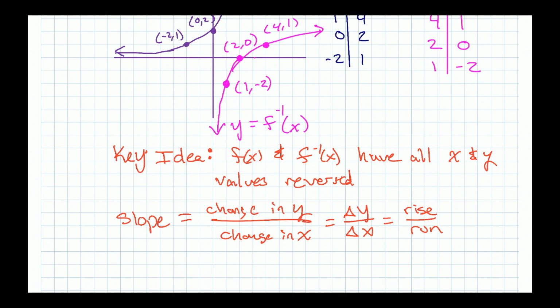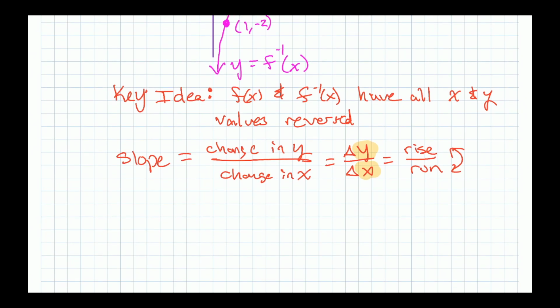There are a lot of different ways you can write it, but it still amounts to y value on top, x value on the bottom. So if you reverse the x and the y values, you're going to switch this fraction so that it's the other way around.